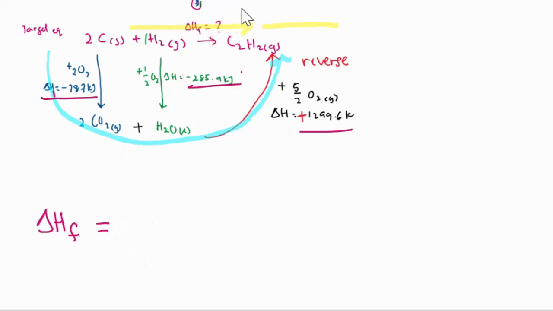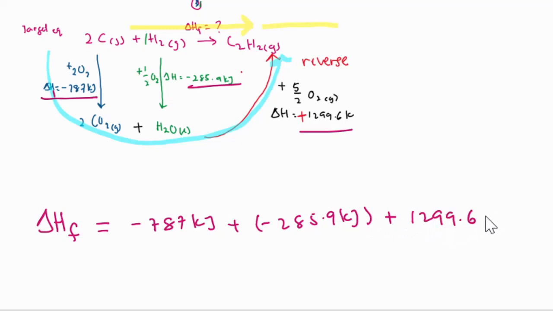So contoh ini, negative 787 kilojoule tambah negative 285.9 kilojoule plus 1299.6 kilojoule. Okay, and you will get your answer positive 226.7 kilojoule, since dia adalah enthalpy of formation. So since dia adalah enthalpy formation, kita kena tulis kilojoule per mole.